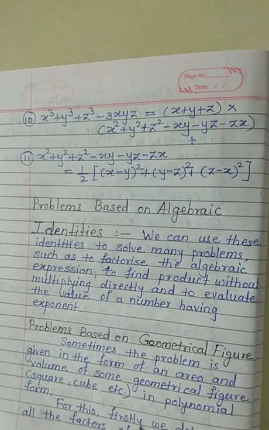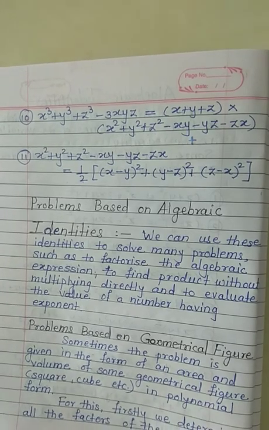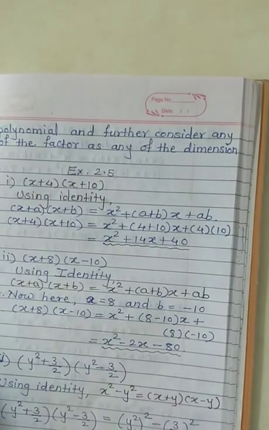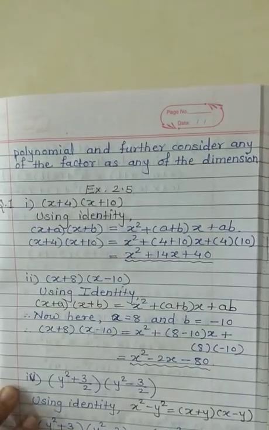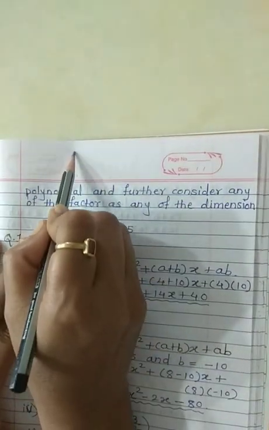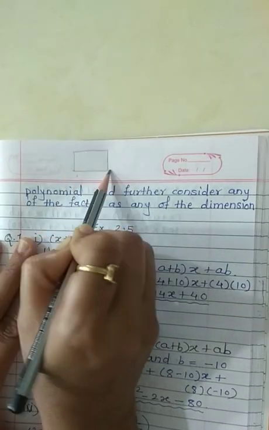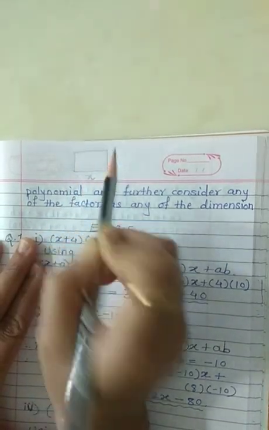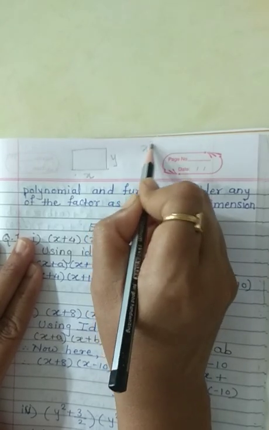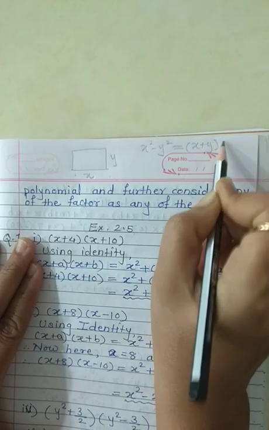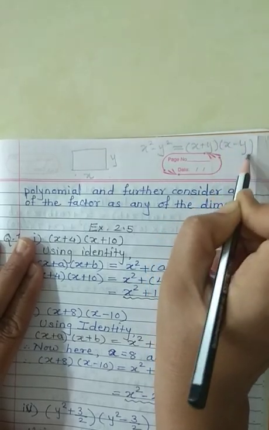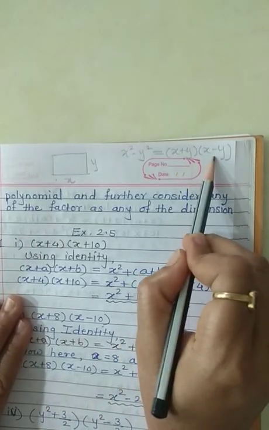Now for this, firstly we determine all the factors of the given polynomial and further consider any of the factors as any of the dimensions. Suppose for the rectangle, here x and y, we know the identity x square minus y square is equal to (x plus y)(x minus y). Now here two factors are there.